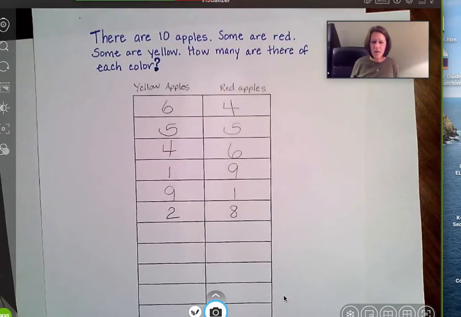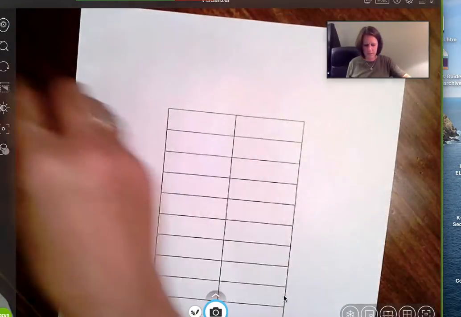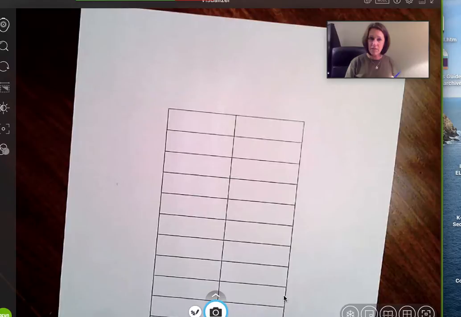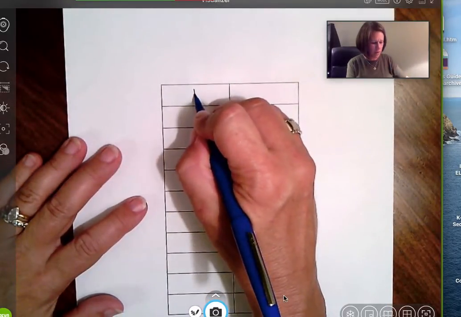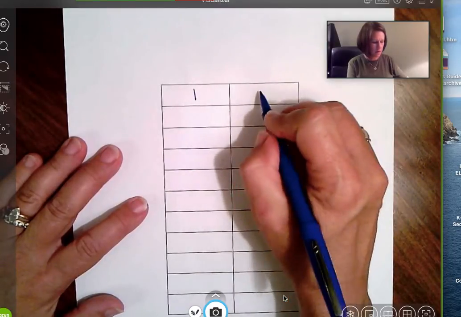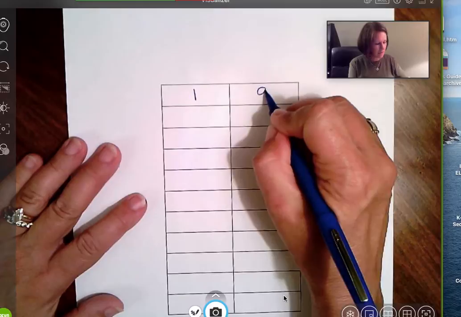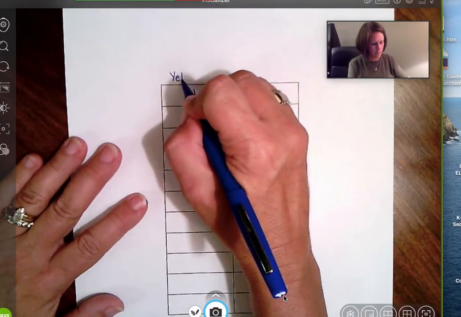How are you going to organize it? Here's one way you might be thinking. I'm going to start the way we did on that 10 frame. Remember we turned over the first one and we had 1 that was red? I'm thinking maybe 1 that was yellow and 9 that were red. I'm going to write that up here.